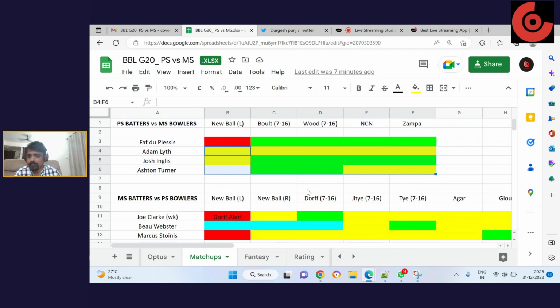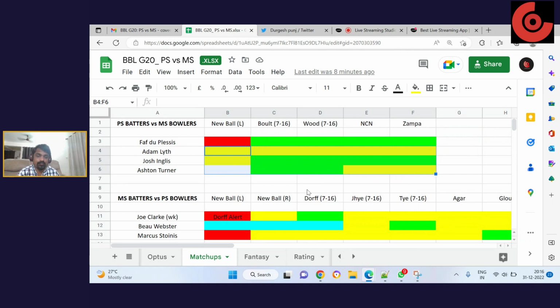For example, if we take Faf du Plessis, his IPL numbers against spin don't matter to me in deciding how well he's going to do against spin in BBL, where the decks are not as supportive for spin.